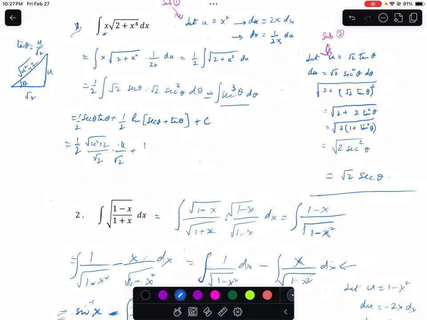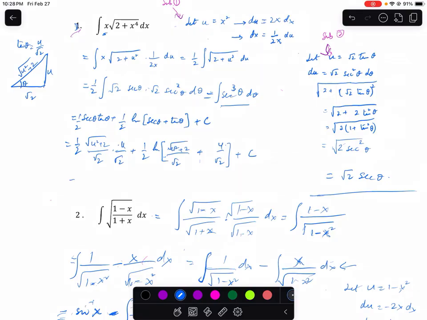So we get plus 1/2 ln of secant, which is square root of u square plus 2 over square root of 2, plus tangent, which is u over square root of 2, plus c. Now we replace the u with x square.